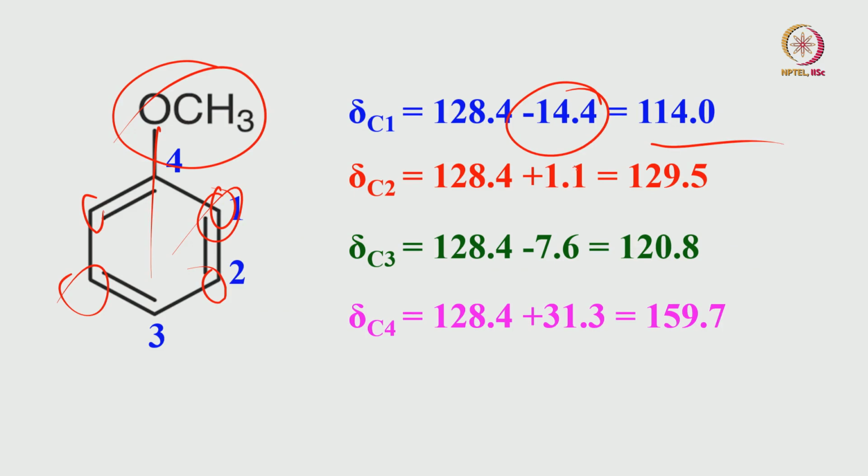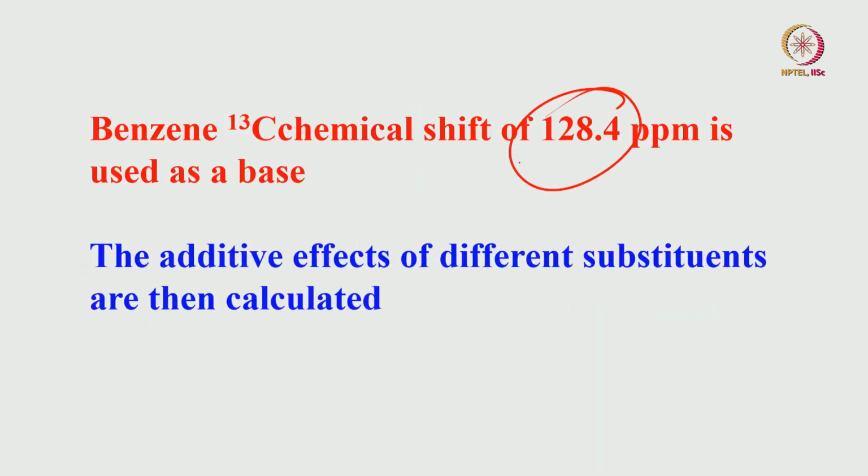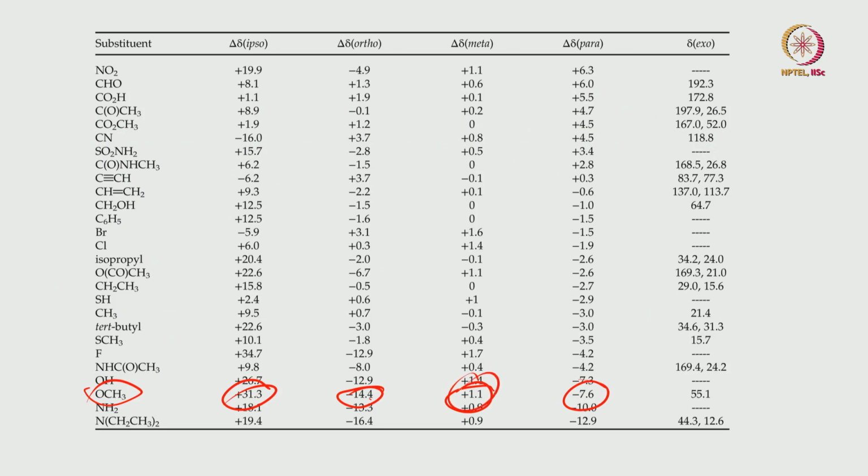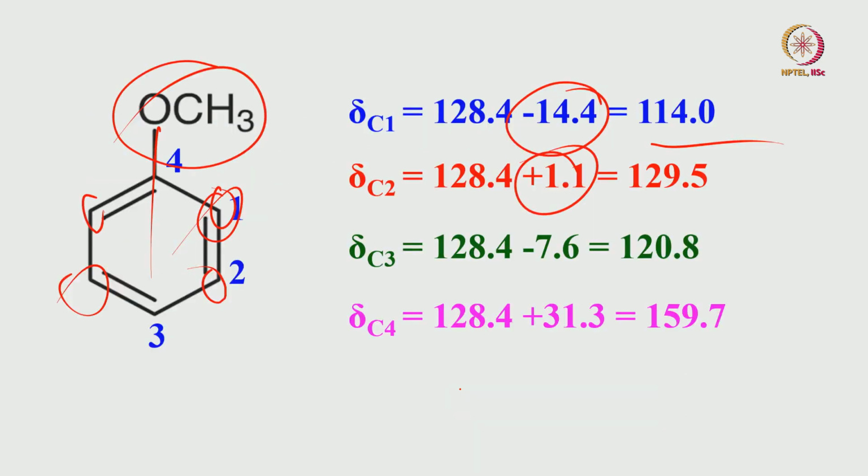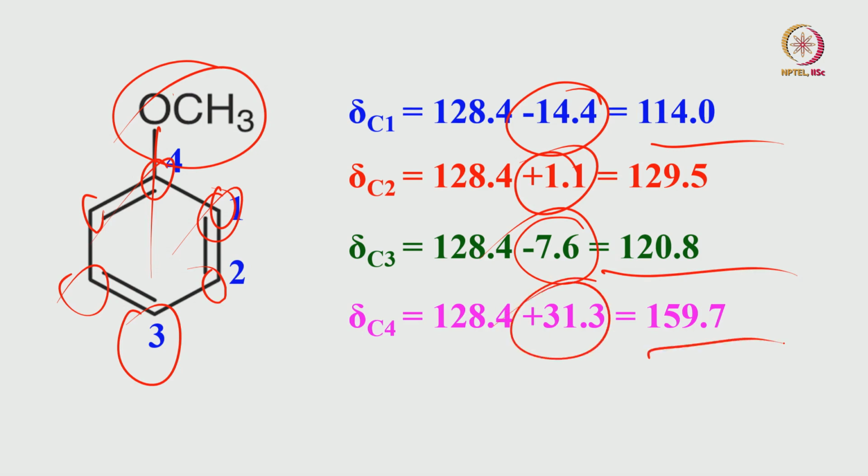For carbon 2, it is in the meta position. I showed that the meta position is 1.1, please add it up, it is 129.4. Similarly for this one, the substitution is in the para position, and instead of adding it is again subtracting, it is 120. For the carbon which is ipso, directly attached, this is the contribution and this is the total chemical shift.